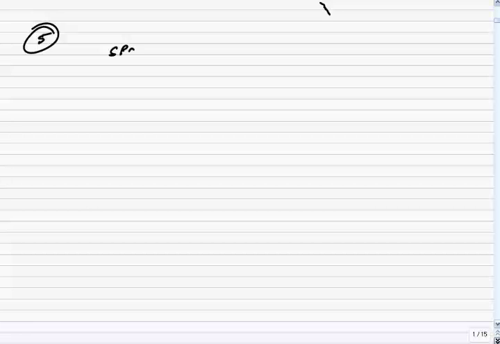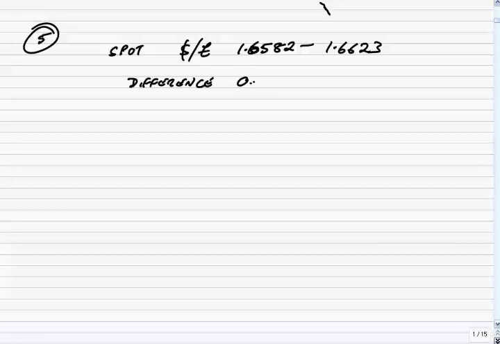Okay, well, the spot rate, today's exchange rate, 1.6582, 1.6623. The 2-month forward, we need money here in 2 months' time. Again, they've given us the difference. And I did say earlier, they don't actually need to put C for cents against it. That difference is automatically the smaller unit of currency. So 0.83 is 0.0083, 0.92, 0.0092.